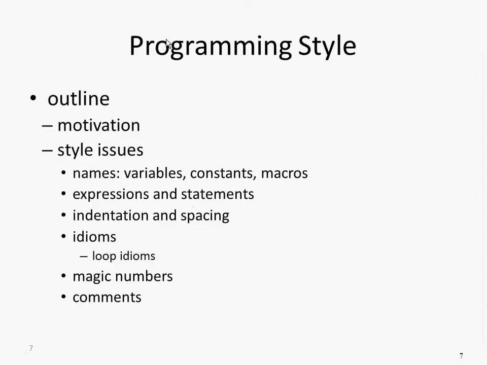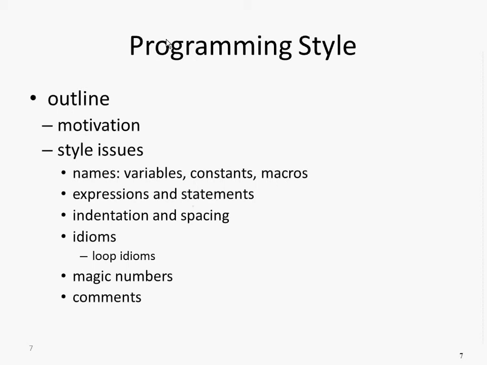Okay, so we're going to talk about a set of issues here. One of them is naming, very prosaic issue. How do you name things in your program? What name do you give to certain quantities, a global variable, a parameter to a function, an argument to a function? What names do you give to them? Turns out it matters.